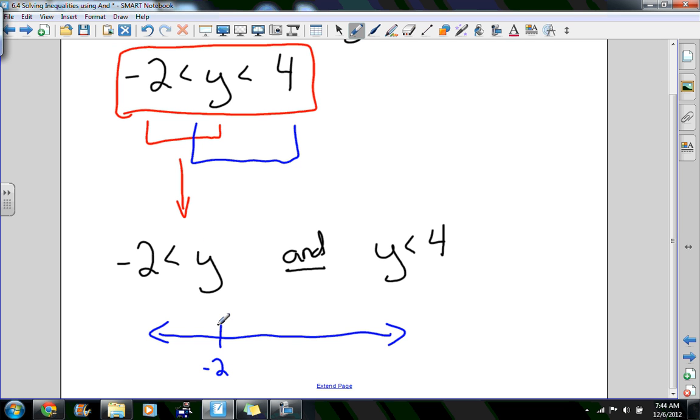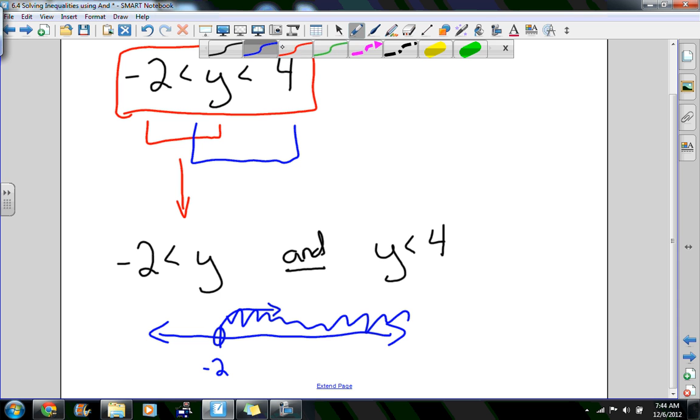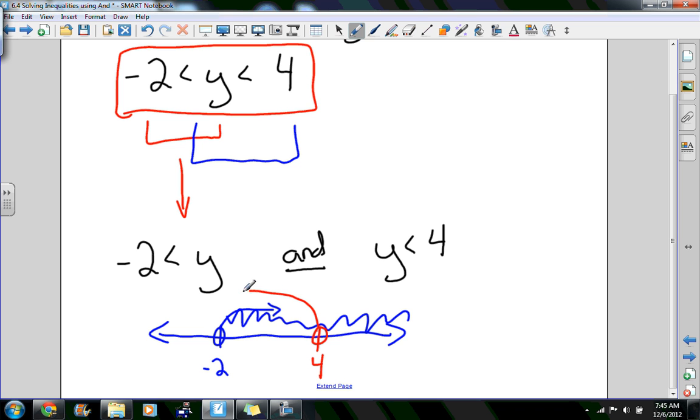The y is bigger than the -2, so I'm going to shade to the right. And y is less than 4. So the 4 is here, and y is less than it, so I'm going to shade this way.